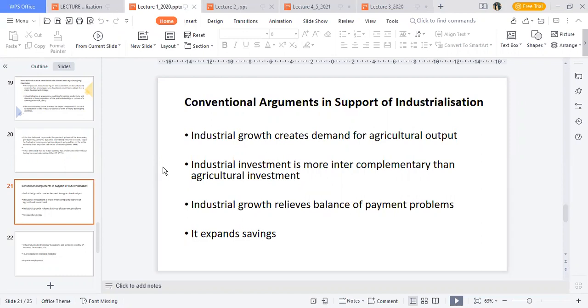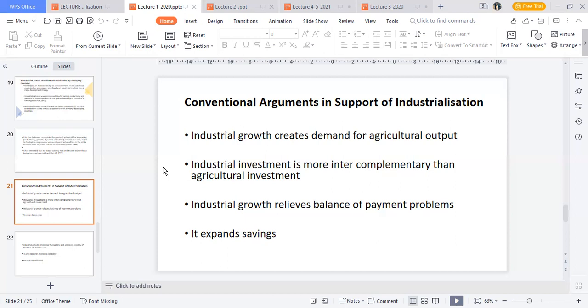Industrial investment is more intercomplementary than agricultural investment. What it means is that when you invest in industry, it is more significant than when you invest in agriculture.